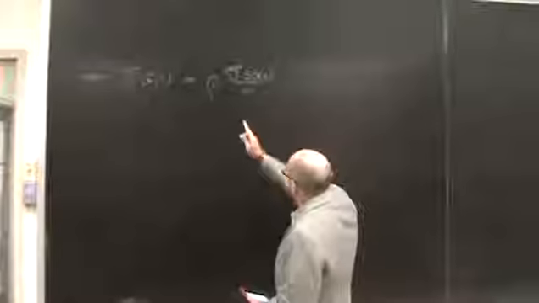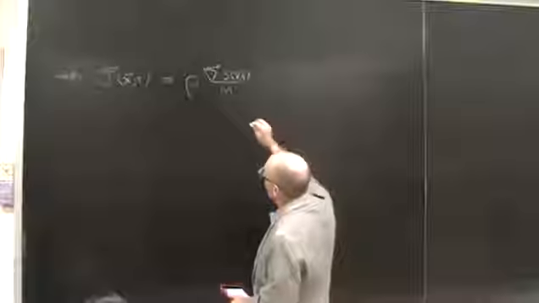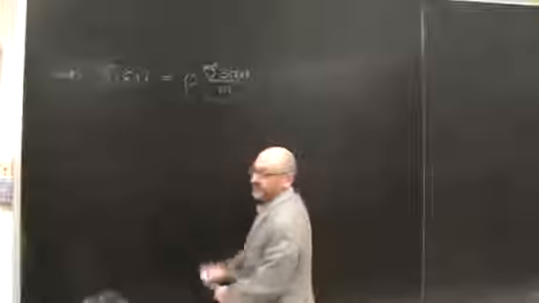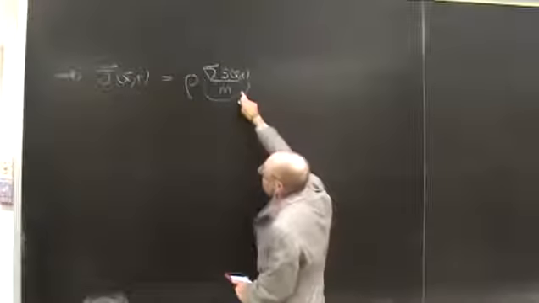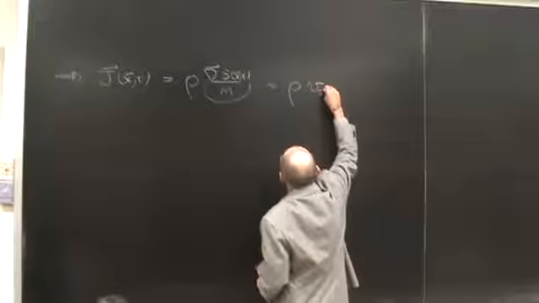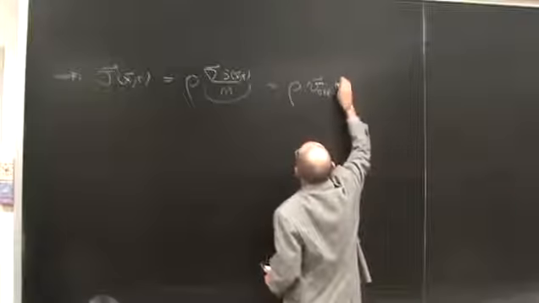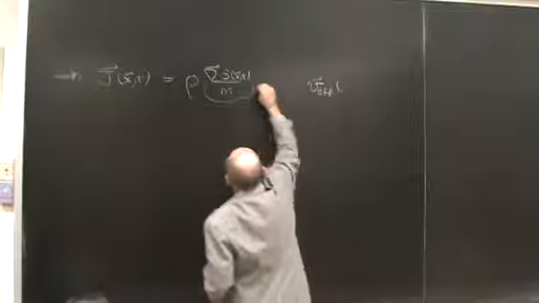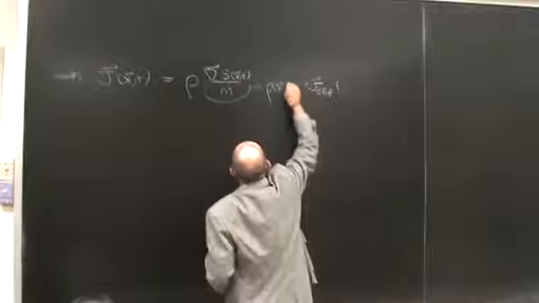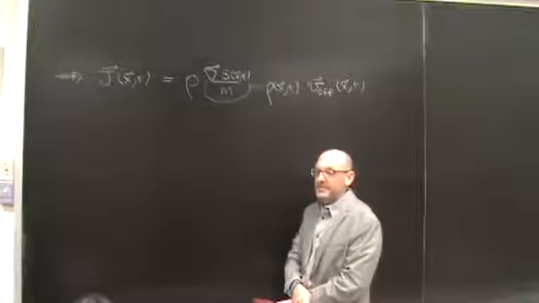Okay. So what this tells me is the following: that the local probability is flowing with a local velocity. This is the effective local velocity at that position.